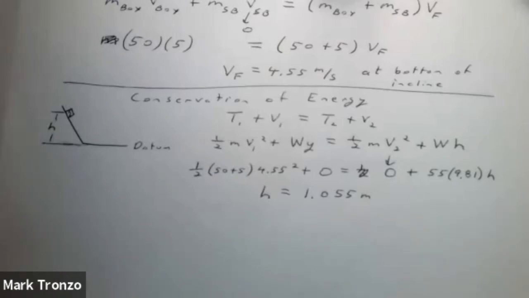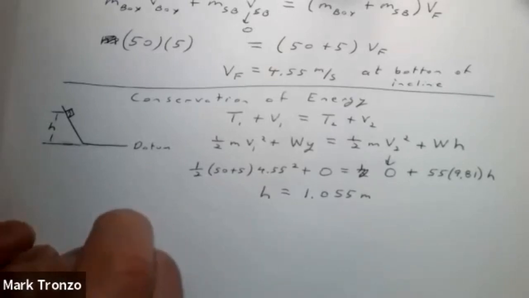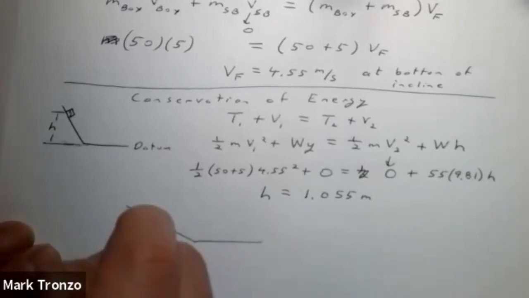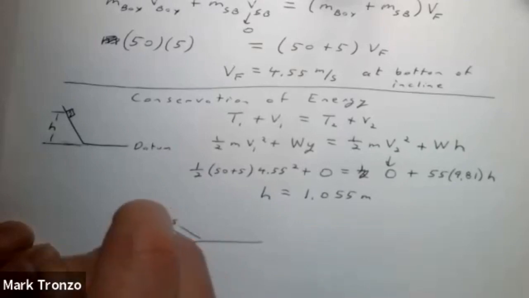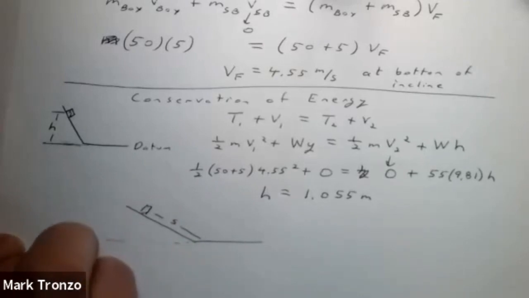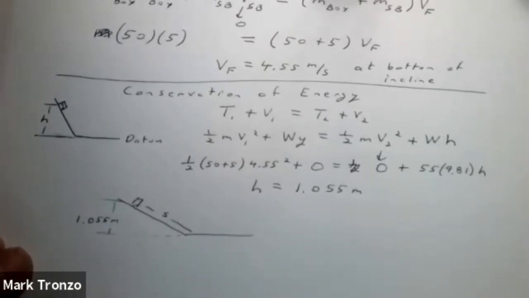Now, the only thing is they asked for the distance along the incline, so we're going to have to find that. In other words, if you look at the picture, they're asking for this distance, S, to where he got to his maximum height, and we found H, which is 1.055 meters. So we found this distance, H, here. And so we can just use trig.